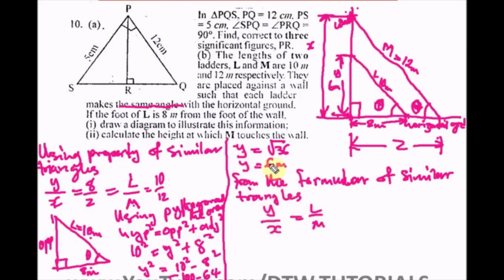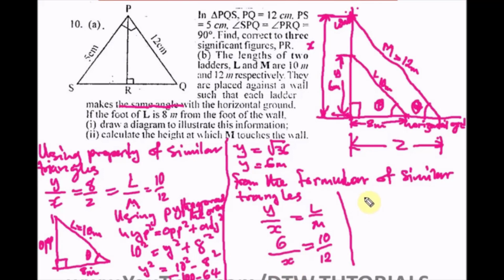We've gotten y as 6, divided by x, which is our unknown, the height at which m touches the wall. So 6 over x is equal to L, which is 10, over m, which is 12.